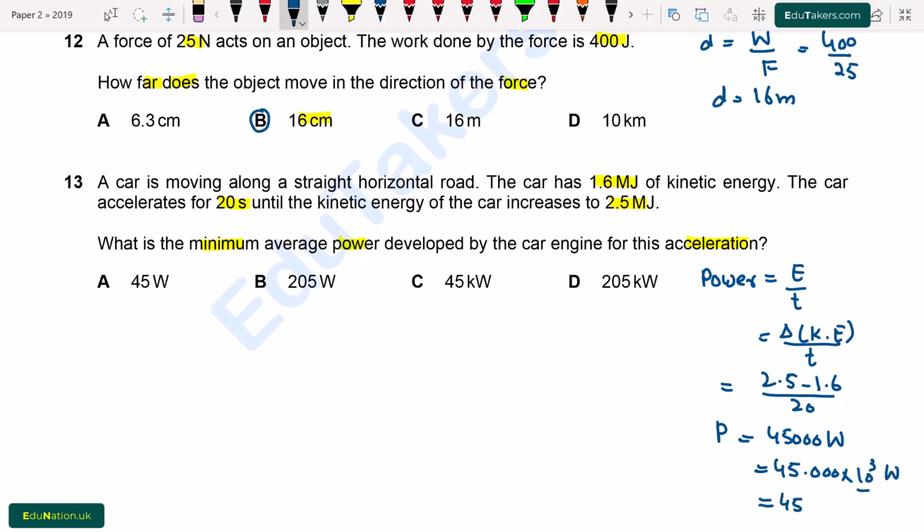So here will be 45 kilowatt. Now we see the option. Option A is 45 watt. This is incorrect because we have 45,000. Option B, 205 watt. C, 45 kilowatt. So option C is correct.